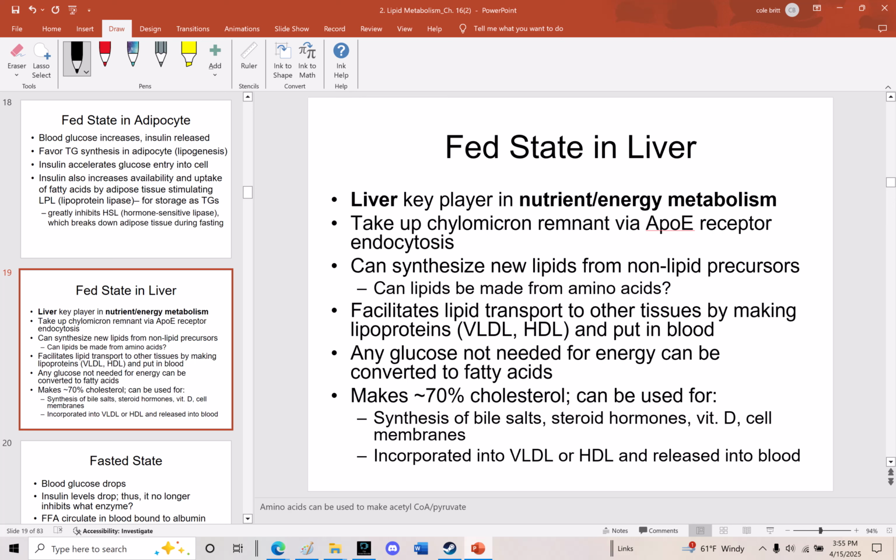And so glycerol will actually become glyceraldehyde 3-phosphate. And so you can do glycolysis with it, or you can put this back into the blood, take it back to the adipocytes, and the adipocytes are going to use it to make more triglycerides. So there's a few things you can do with G3P: you can put it straight into glycolysis, or you can make triglycerides with G3P.